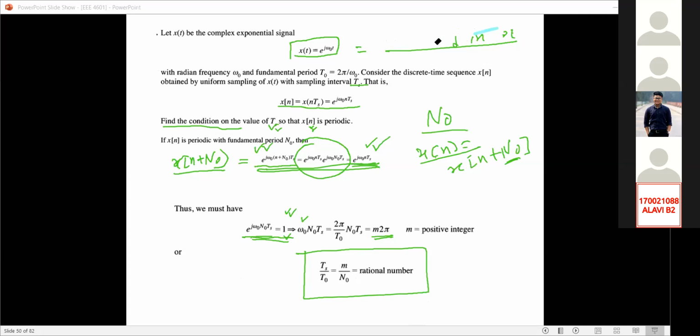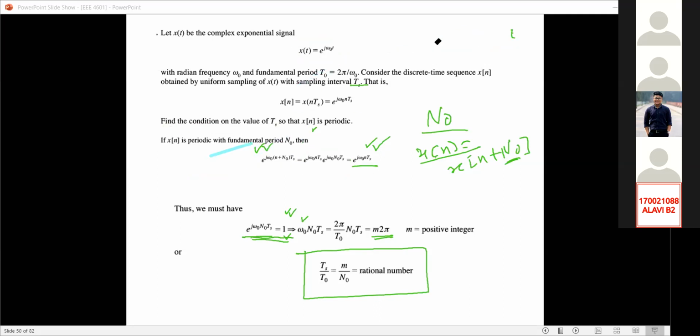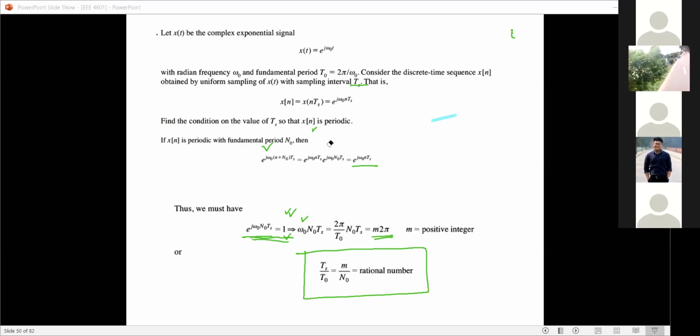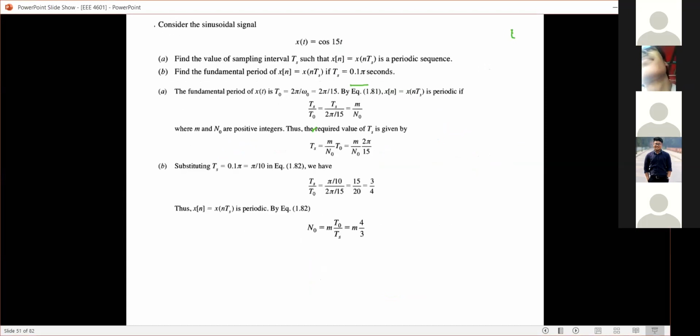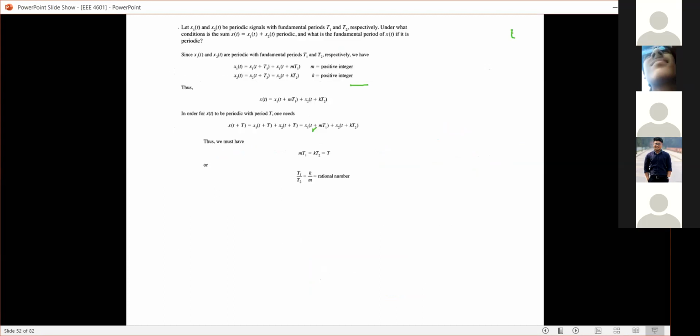In this way, we can easily find the conditions. Now, for your sinusoidal signal, try to understand this scenario by yourself using this technique.